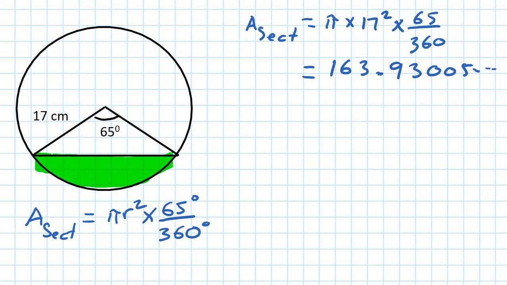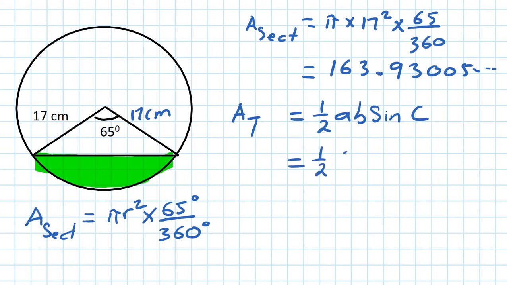Now, area of a triangle is a half ab sine of the angle in between, which is C. Because AB are radii of a circle, which is 17 centimeters here as well, both are radius of a circle. Therefore it is a half times 17 times 17, or you can write 17 squared if you like, and the angle is 65 degrees.